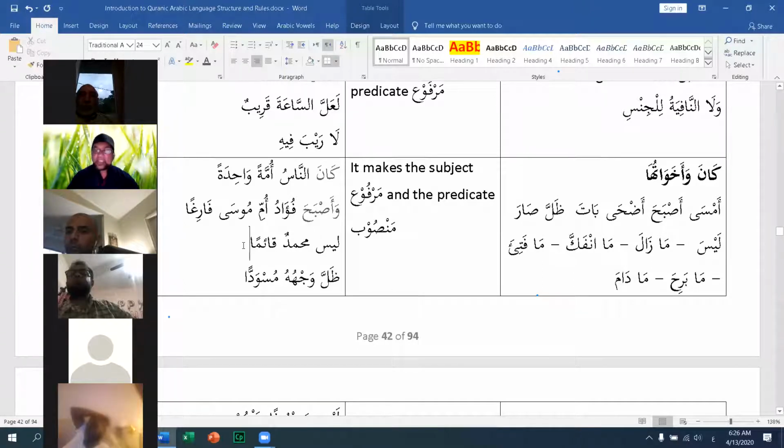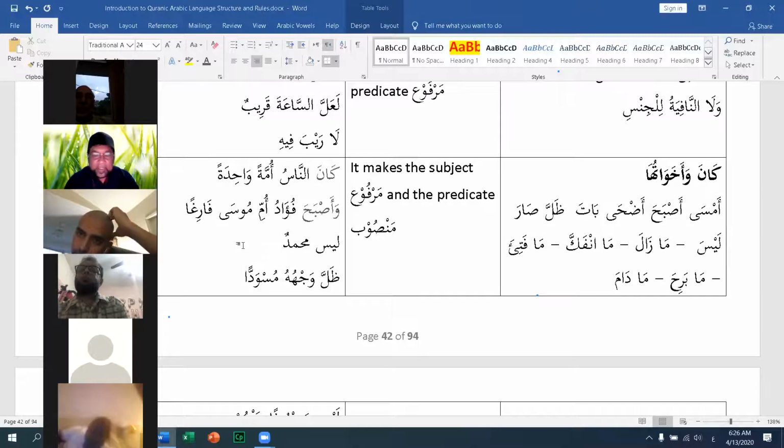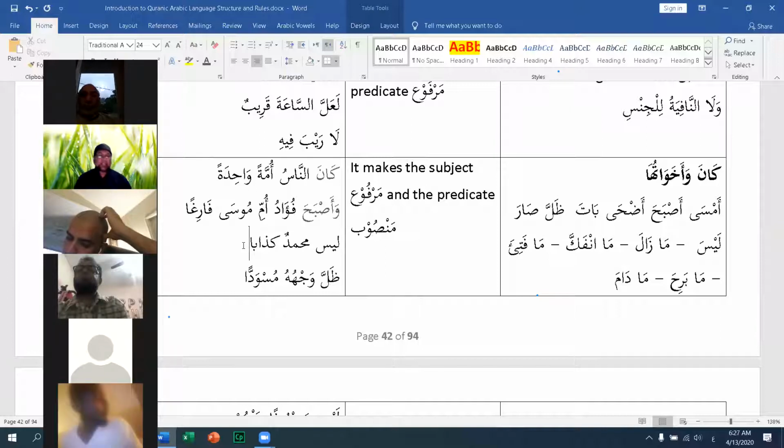For example, if we're talking about Rasulullah sallallahu alaihi wasallam, we can say a sentence like كذابا. Muhammad sallallahu alaihi wasallam was not a liar. They used to say he's a liar. He's not a liar. He's really the messenger of Allah. ليس محمد كذابا. So that's negating the thing.